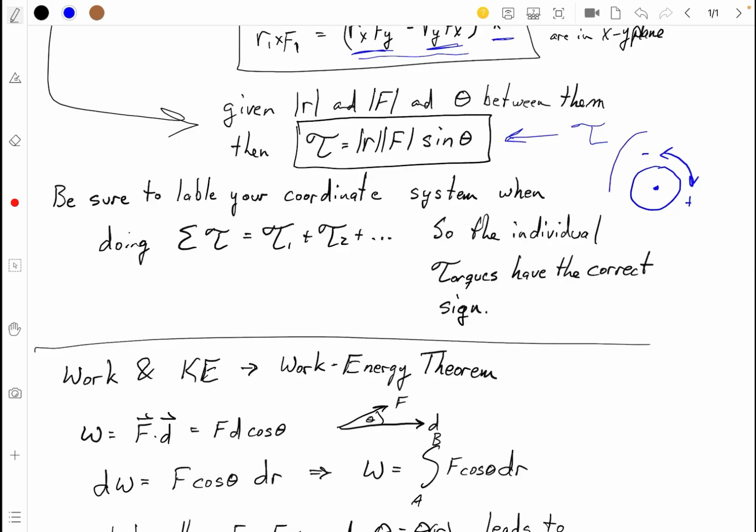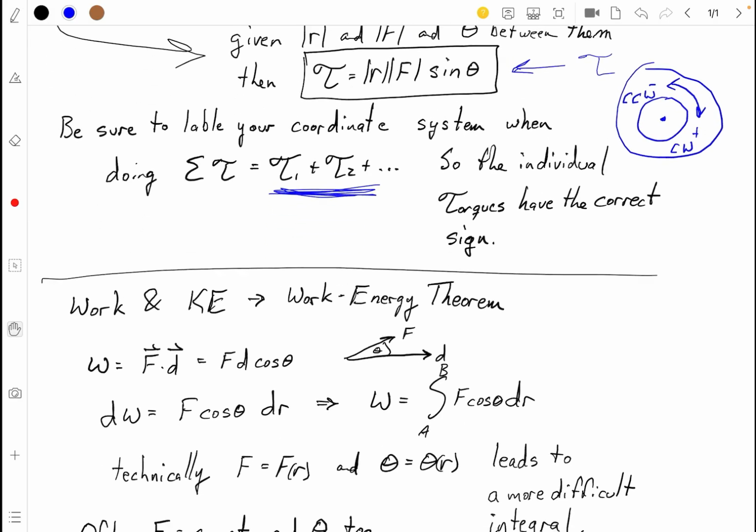If you don't do this, then the torques that are acting in the positive direction and the negative direction, how are you gonna know whether to make them positive or negative in your thing? It doesn't matter which direction you pick. Pick one. And then if you end up with a negative, then you know that it was going counterclockwise. If you end up with a positive, you know it was clockwise. Okay? So label your coordinate systems, please, for your own sake.